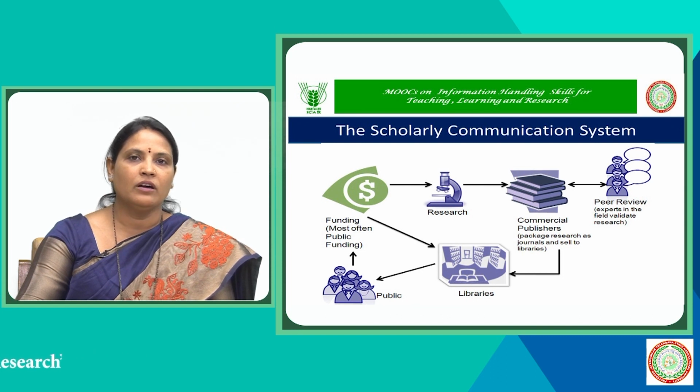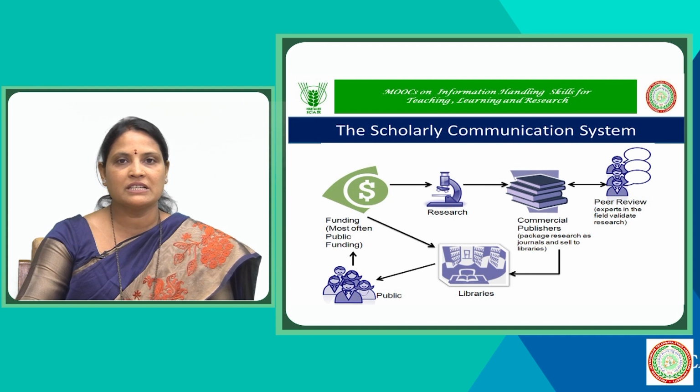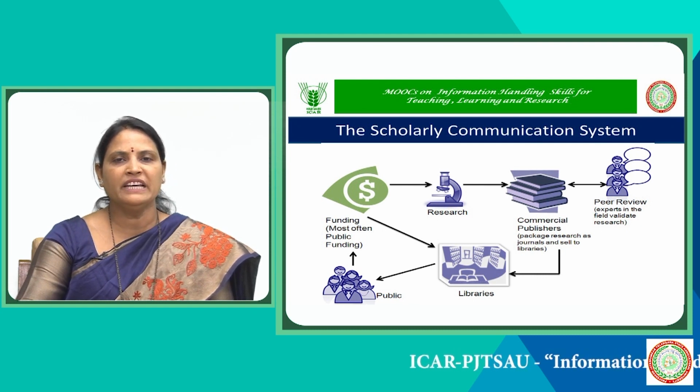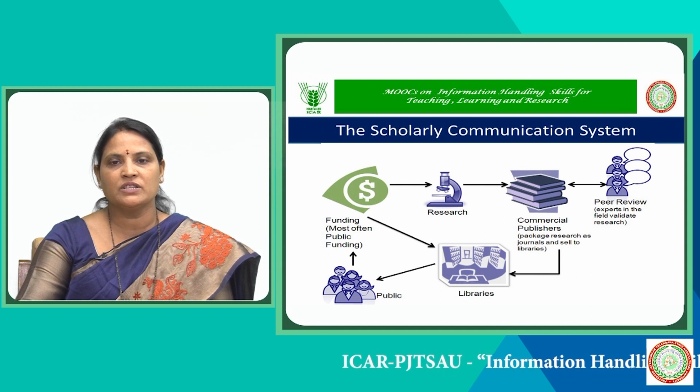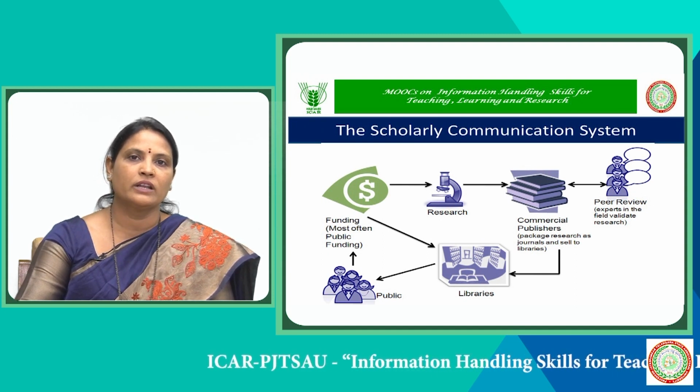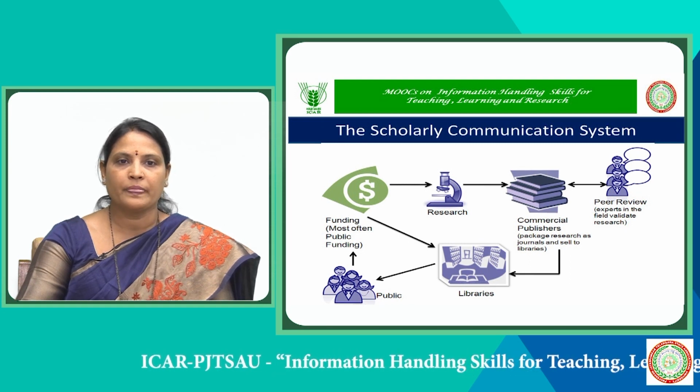After publication, the libraries purchase that publication and other material and it is made available to the public, and again the funding agencies provide the funds to purchase that material. So this is in short the scholarly communication system.